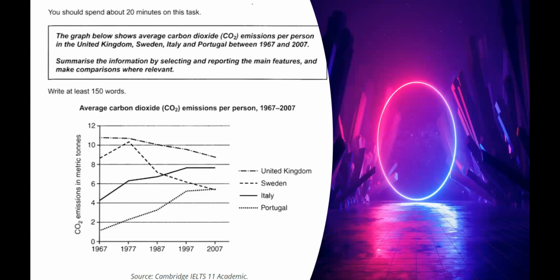We can say like, 1967 and 2007, the chart compares 50. We can paraphrase between 1967 and 2007, like 50 years. 50 or 40? 40 years. You are not good at math. You should use general IELTS. Yes, I'm not good at it.